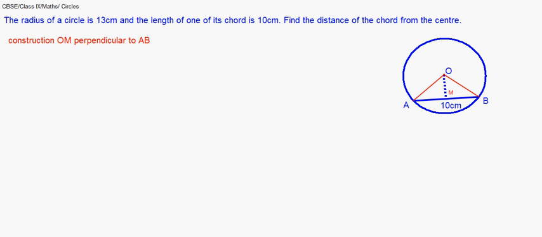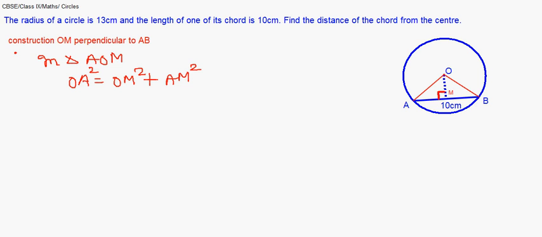Now in triangle AMO, that being a right angle triangle, as because this is a 90 degrees, so we can write OA square is equal to OM square plus AM square.